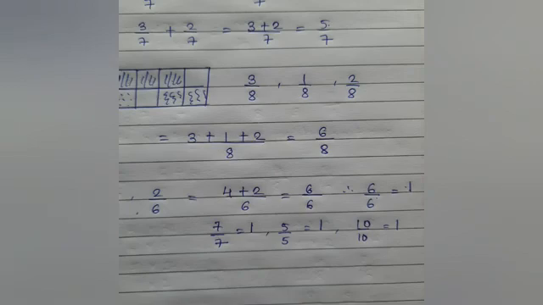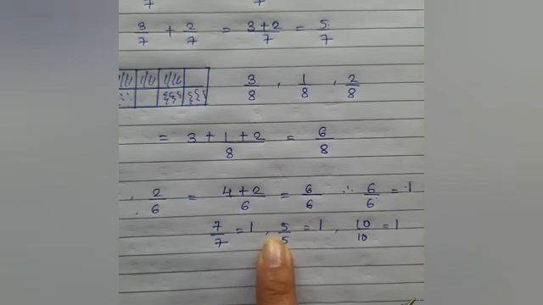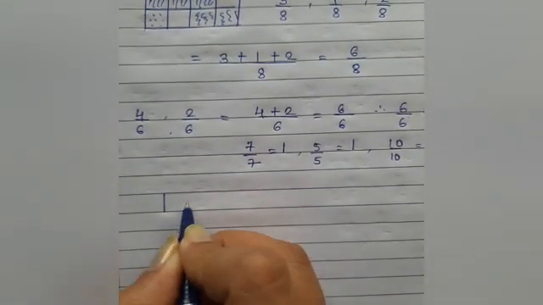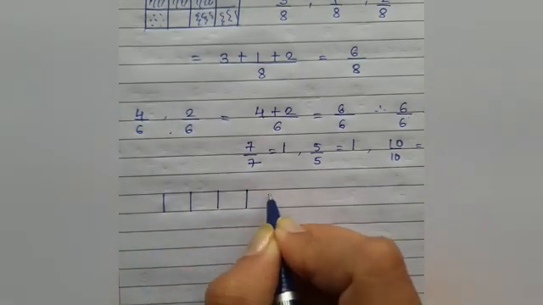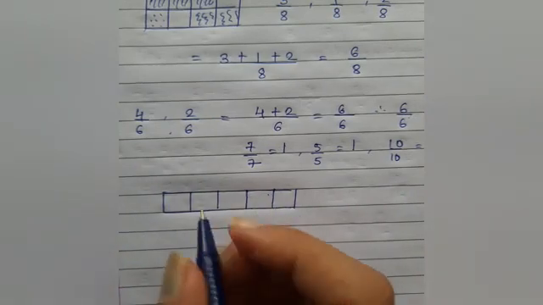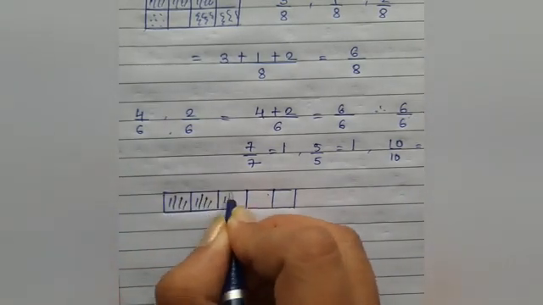Moving forward, we'll start with subtraction of like fractions. In subtraction too, we will keep the denominator as it is, like in the addition part. So, we'll start with an example. We take a strip with 5 equal parts which has 4 parts colored.